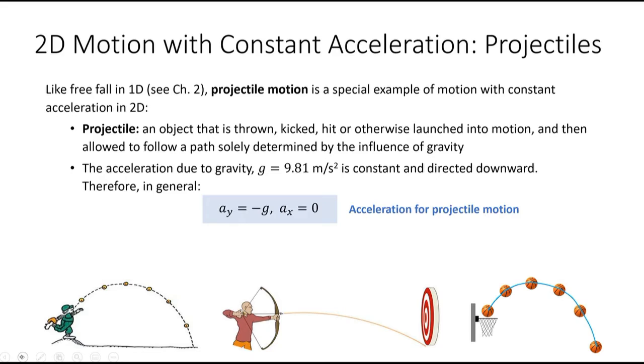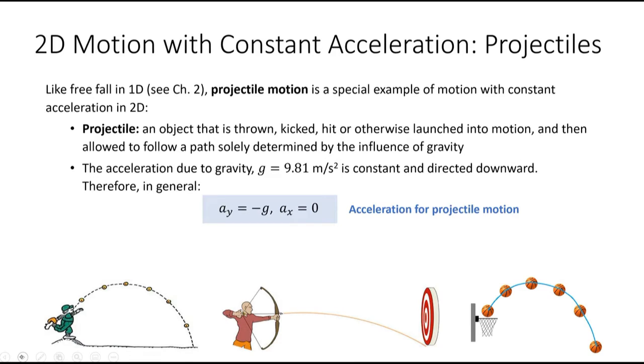So remember that g is going to be the acceleration constant, so 9.81 meters per second squared, and gravity pulls objects towards the earth. And so when I say minus g, I'm assuming that the upwards y direction is the positive direction. So in other words, the pointing up direction is going to be positive y. And so then objects that are pulled towards the earth are going to have an acceleration of minus g, where that minus sign refers to the fact that the acceleration is pointing down.